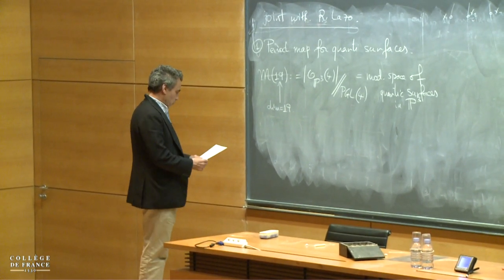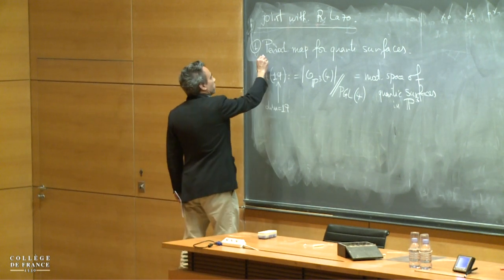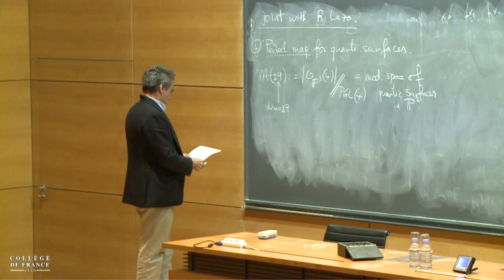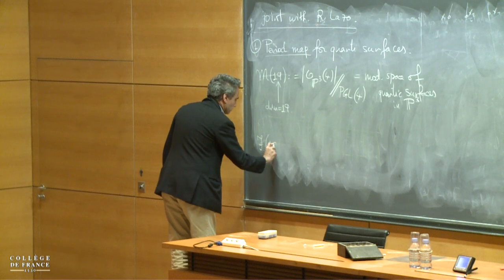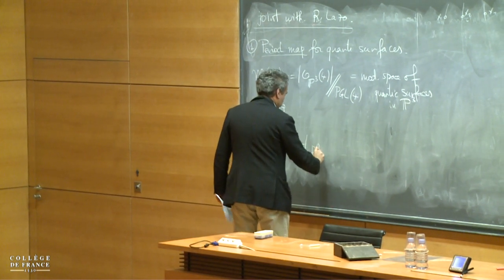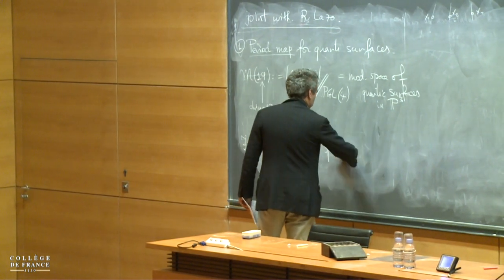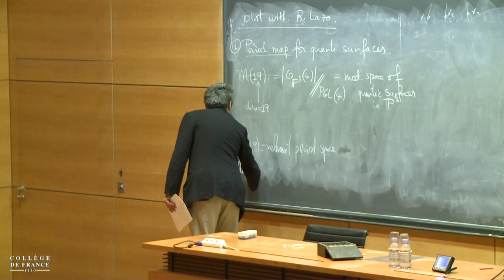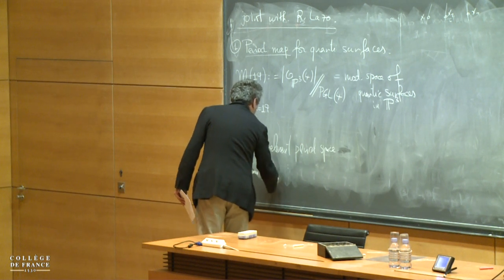And we have, so we want to look at the period map. So there is a relevant period space. So this is a locally symmetric variety. Maybe later I'll be more explicit.